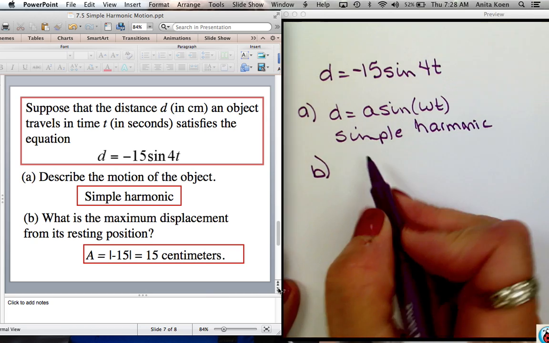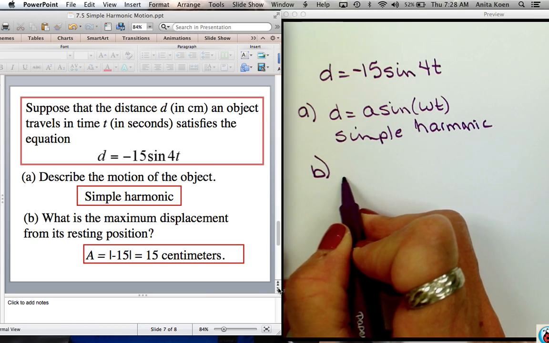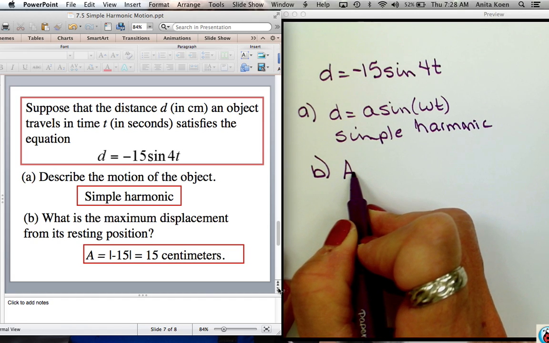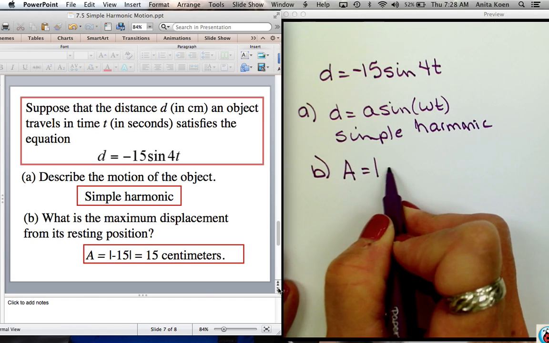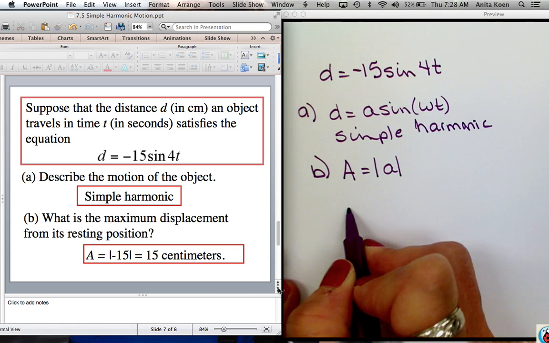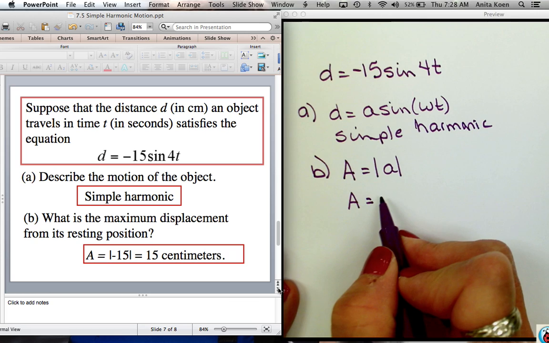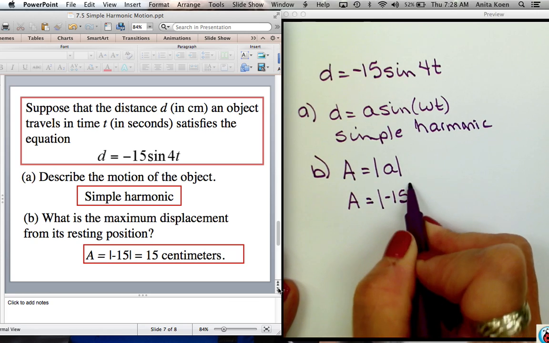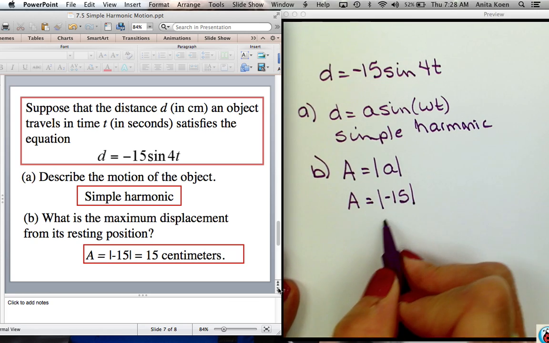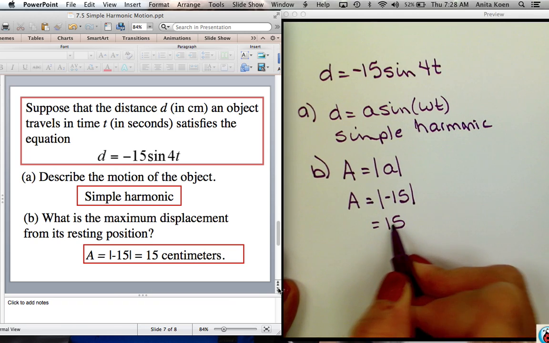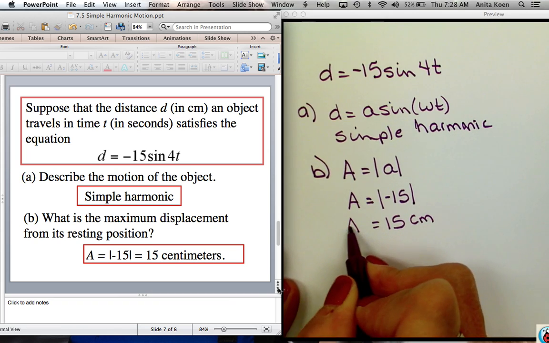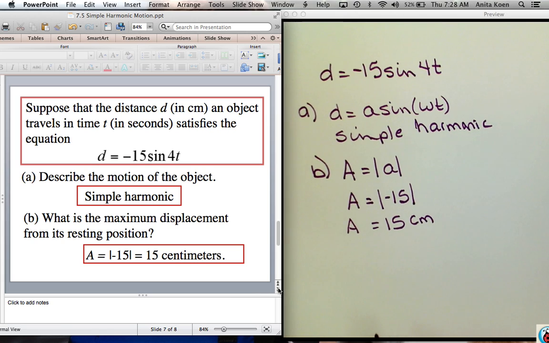When they ask for the maximum displacement, they're asking for a distance, which is the amplitude, and that's going to be the absolute value of whatever A is. So the amplitude, which is the maximum displacement from rest, is the absolute value of negative 15, which would be 15 centimeters. I know this is in centimeters because the problem tells me that my distance here is in centimeters.